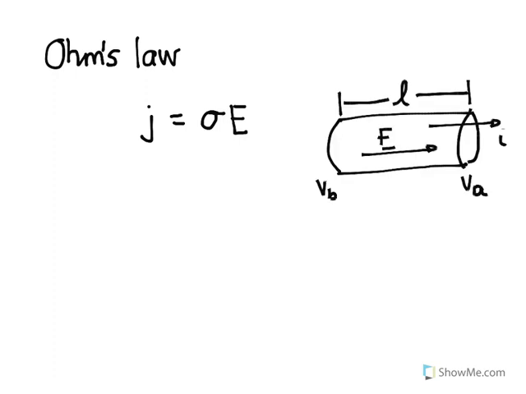If we have a conductor with a difference of potential and an electric field is exerted, well, recall that the difference in voltage is equal to the electric field times the length, such that the current density is equal to the conductivity of this material times the difference of potential over the length.